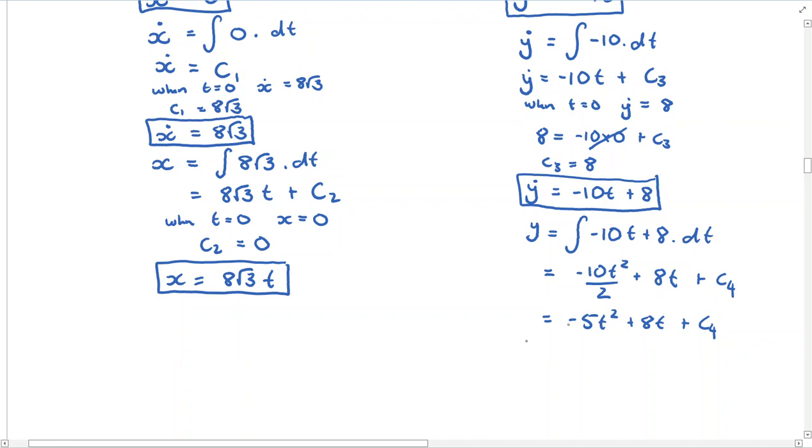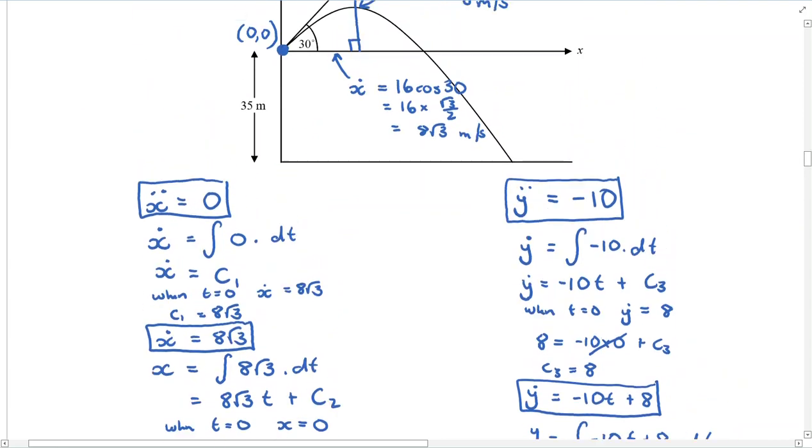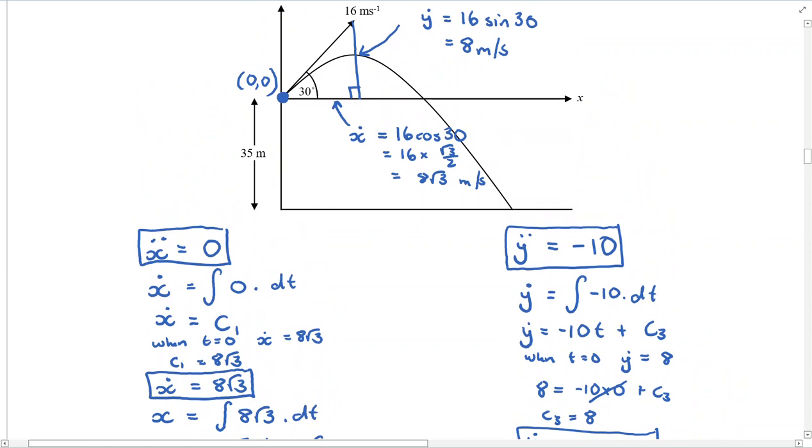So initially, and think carefully here, when time is equal to 0, how far have we been displaced vertically? Y is equal to? That's why I had to make a note of where the origin was being placed.